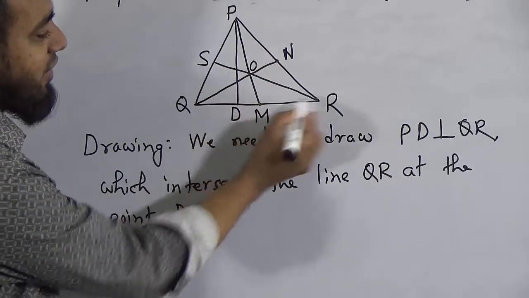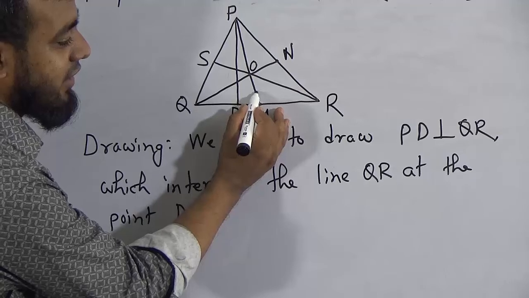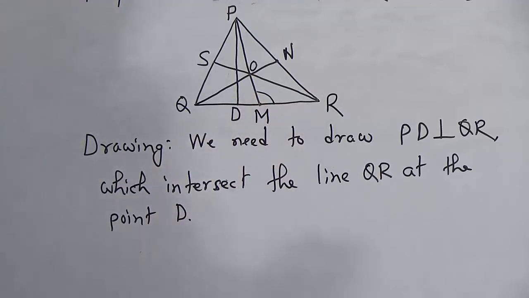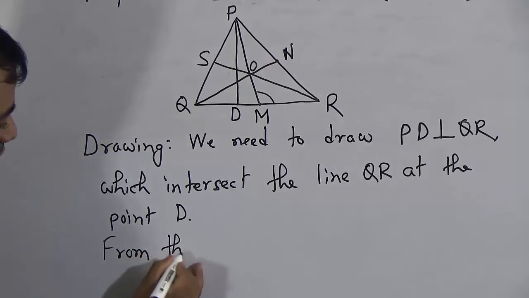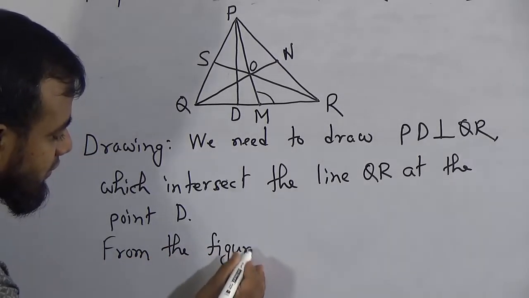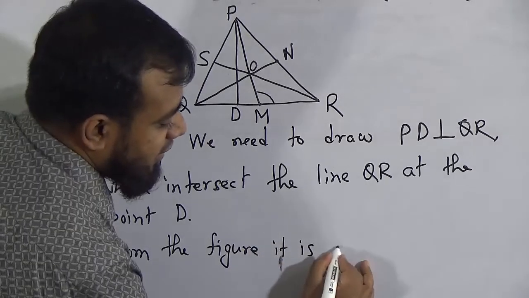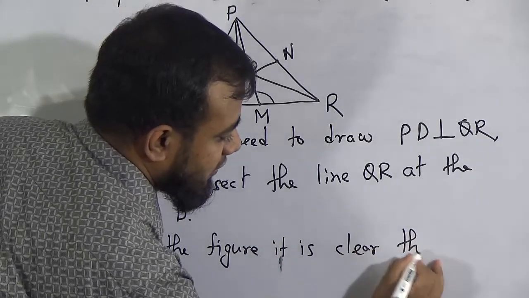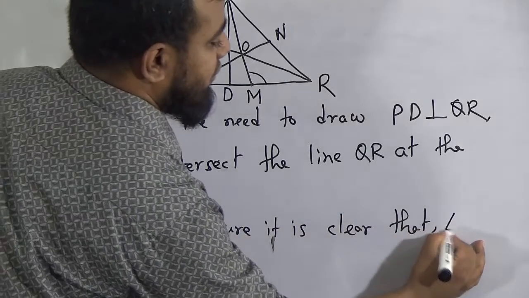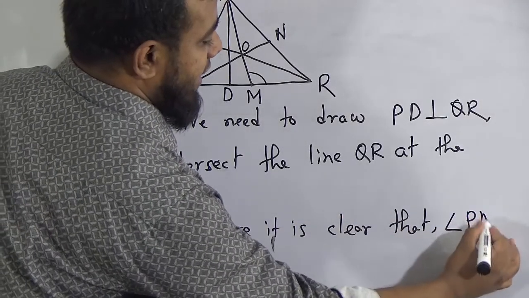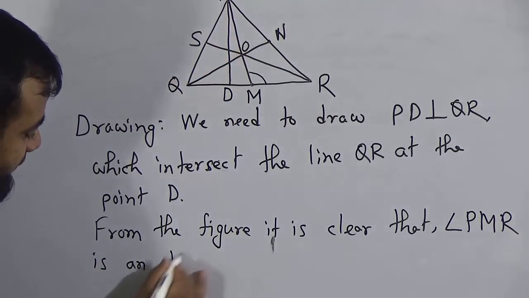PMR is a triangle, and it is clear from the figure that angle PMR is an obtuse angle.